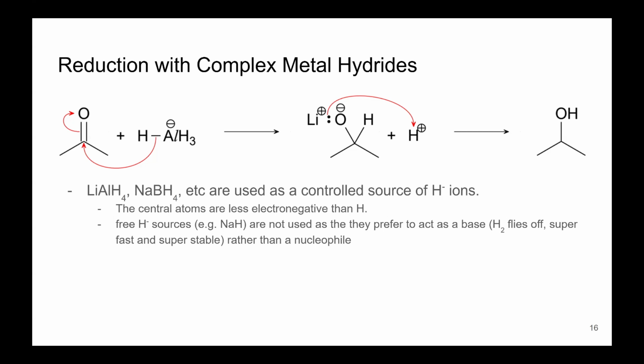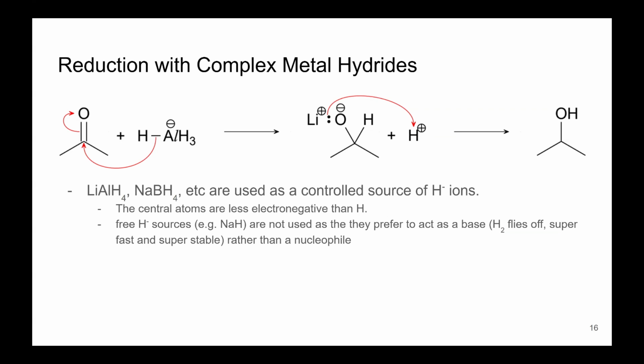For NaH, the bond between sodium and hydrogen is highly ionic, much more ionic than the bond between Al and H, because sodium is much less electronegative than aluminum.